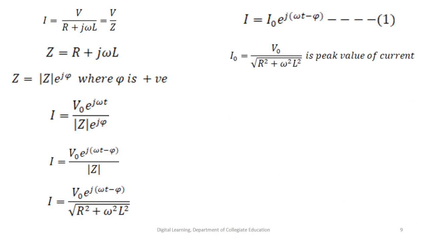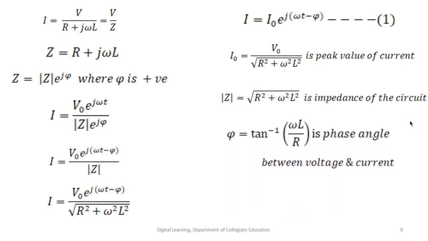From equation 1, I naught is equal to V naught divided by square root of R square plus omega square L square, which is the peak value of current, and modulus of Z is equal to square root of R square plus omega square L square, which is the impedance of the circuit, and phi is equal to tan inverse of XL divided by R, that is the phase angle between voltage and current.